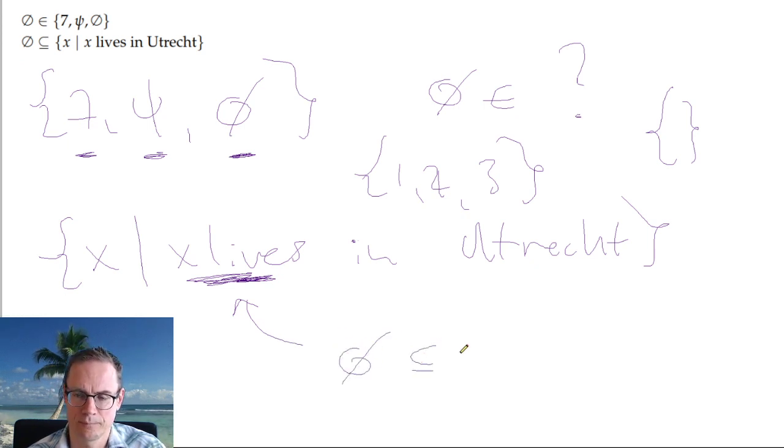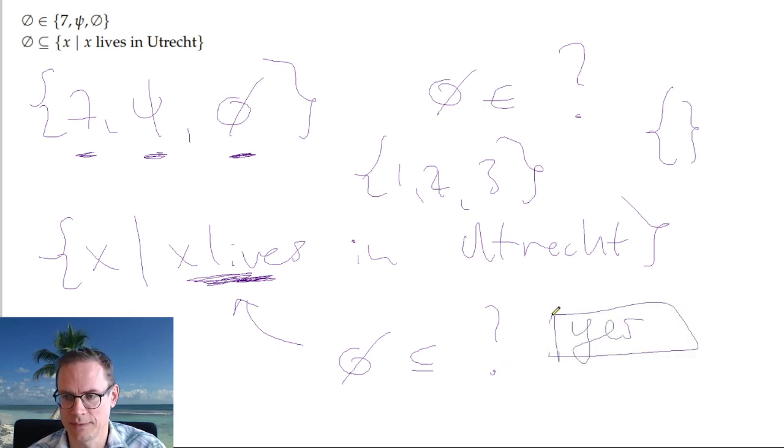What do you think? Well, yes, it is, because the empty set is a subset of every set. For everything in the empty set, which is nothing, it holds that if it's in the empty set, it's in the set in question. It's vacuously a subset of every set. Now, if that strikes you as unintuitive, you can also just memorize it.